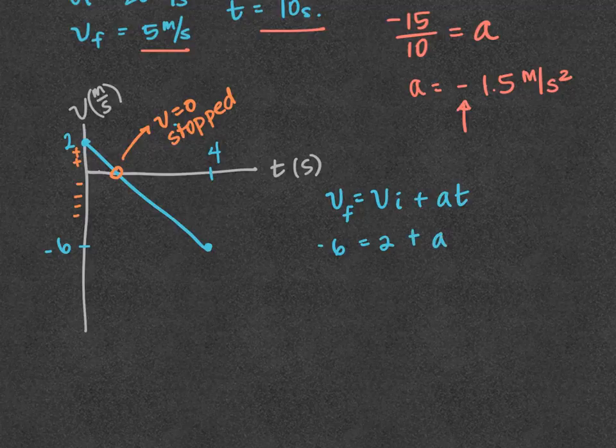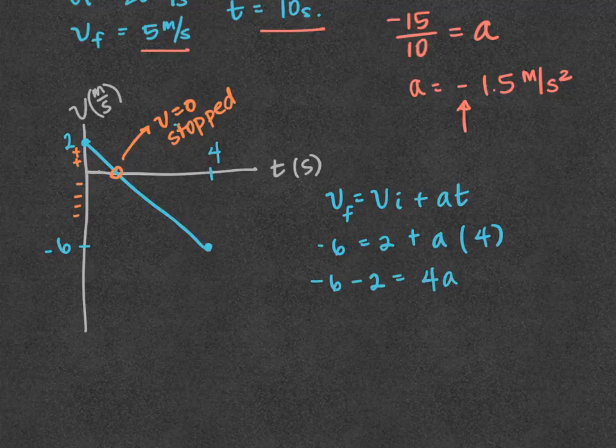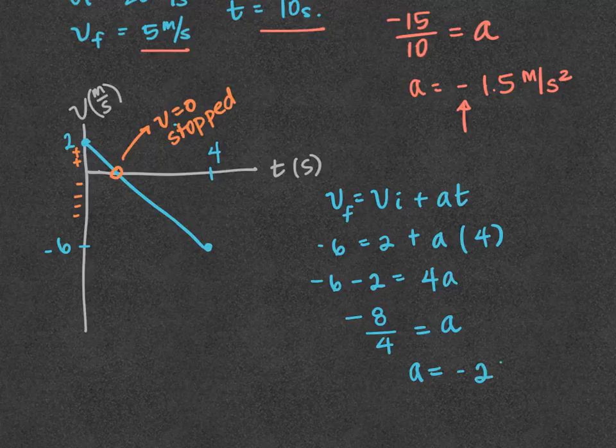The acceleration I don't know, and it takes 4 seconds for this to occur. So then my algebra step, negative 6 minus 2 on both sides gives us 4a. So negative 8 divided by 4 on both sides gives me a. So then the acceleration is negative 2 meters per second squared.